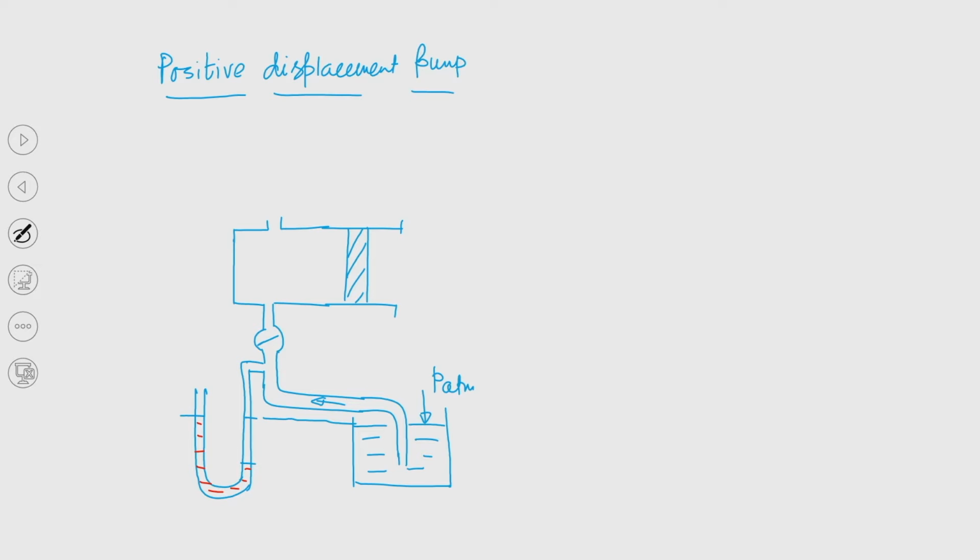Similarly, if we try to draw the, say this is the delivery tank, and so here we have to draw the line.